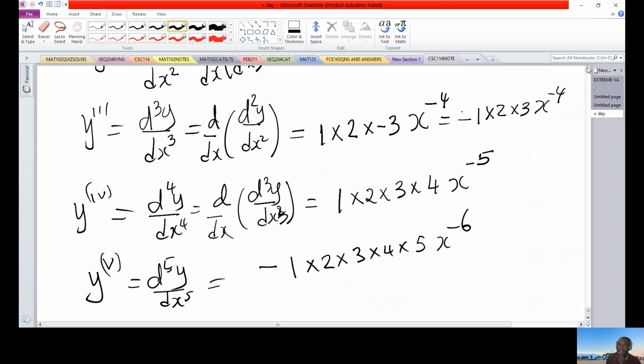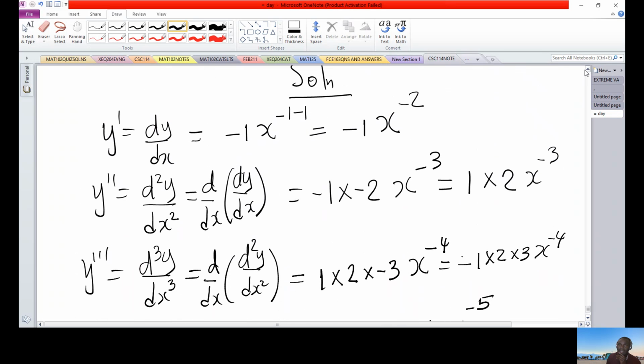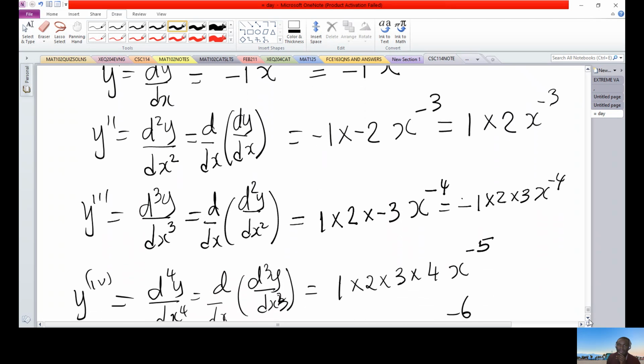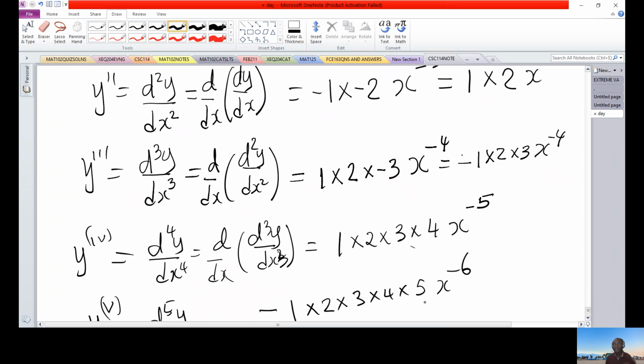So you should see something here. If we start with the signs, this is negative, then positive, then negative, the next term is positive, the next one has a negative sign. So the signs are alternating.